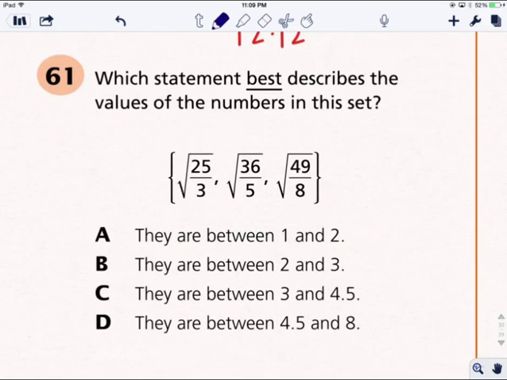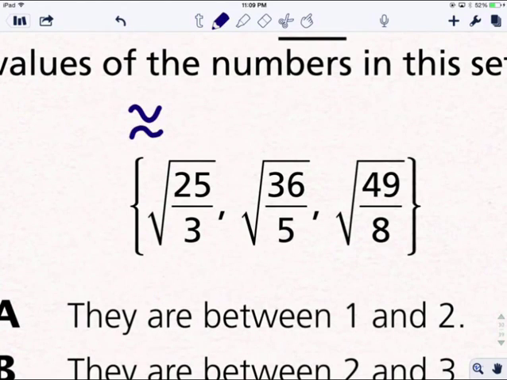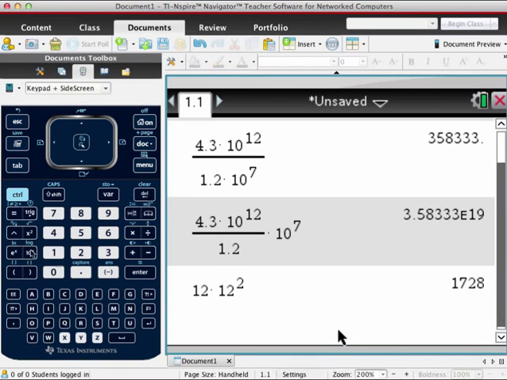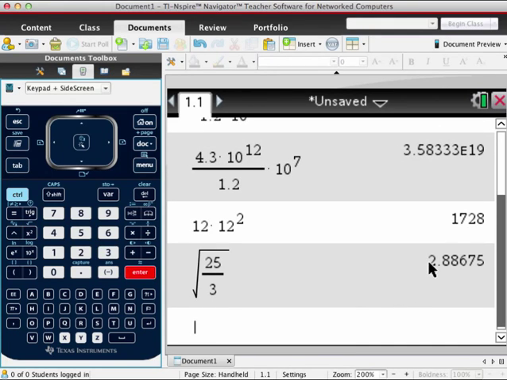Number 61 is pretty easy. All we need to do is find the decimal approximation of these three numbers so that we can directly compare them. So let's just go ahead and type them into our TI-Inspire. Square root is right here. Square root of 25 divided by 3 is 2.9.